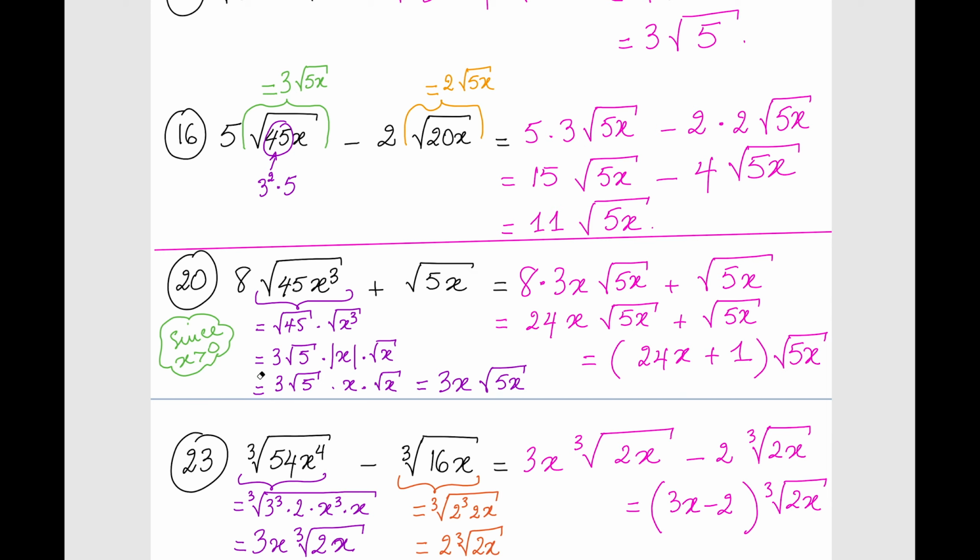I'm gonna erase this guy because, all along, if I want to keep it, I should put it everywhere, right? I should assign it to every equality because each one of them doesn't make sense if x is negative. Okay.